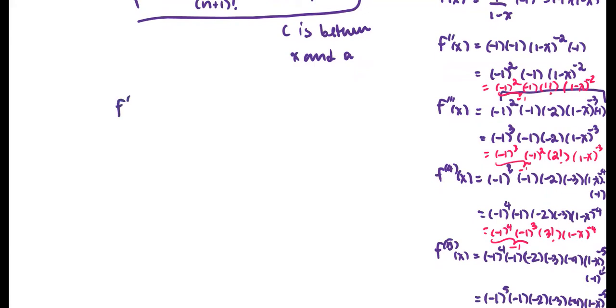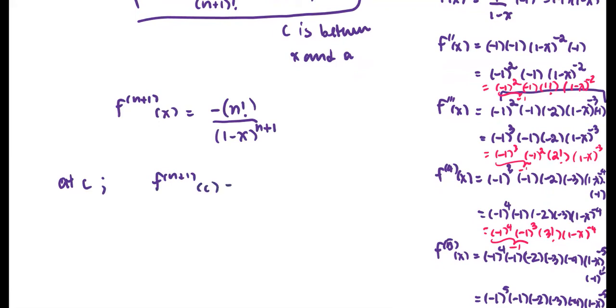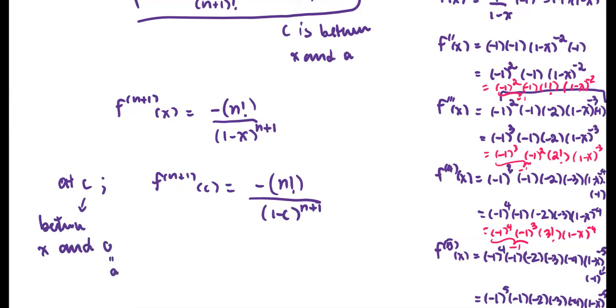So since the n plus 1 derivative at the point x equals negative n factorial over 1 minus x to the power n plus 1, at c we have the n plus 1 derivative at c equals negative n factorial divided by 1 minus c to the power n plus 1, where c is between x and 0, which is the a value.